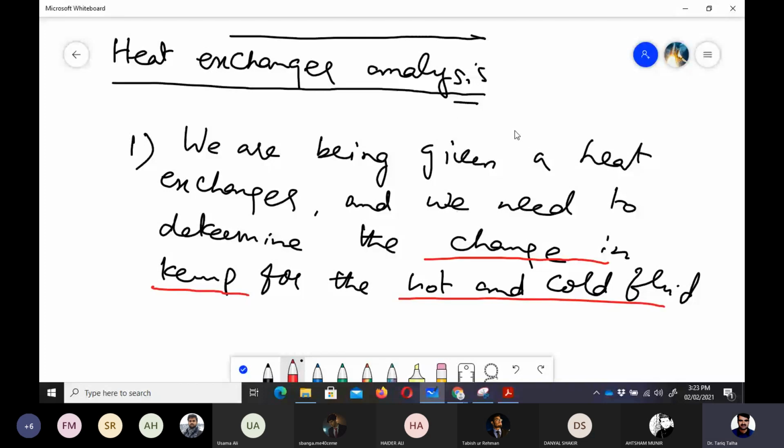Okay, it can be a very big heat exchanger, it can be very small. So one purpose of doing analysis is to determine the change in temperature for the hot and cold fluid.